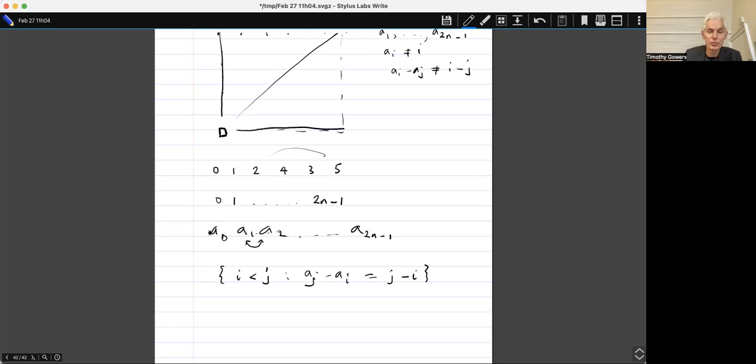But if a_1 and a_0 have nothing to do with each other, I will not change the relationship between them. So if I had 0, 2 and 13 or something, then swapping those two looks as though it loses a pair that had the property a_j minus a_i equals j minus i.